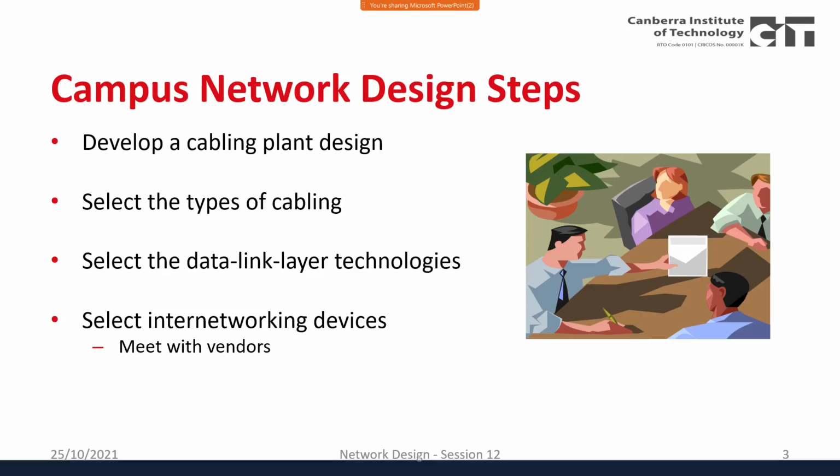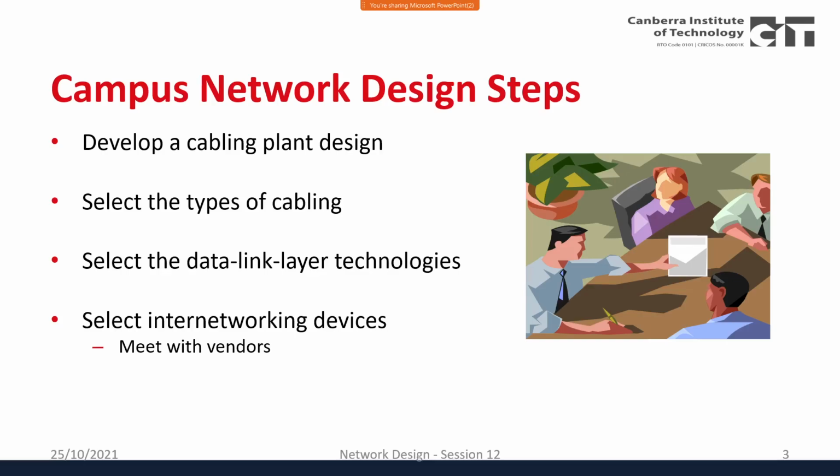And we also need to select the internetworking devices, and that includes meetings with vendors. Not only do we need to understand the capabilities of the switches and the routers that we are buying, we also need to understand what vendor is actually offering the best deal. And if there is a better deal, will it offer the things that I'm including in my design?